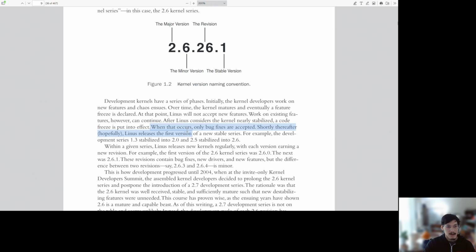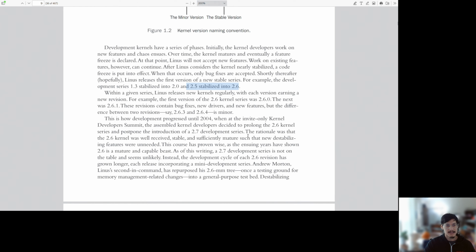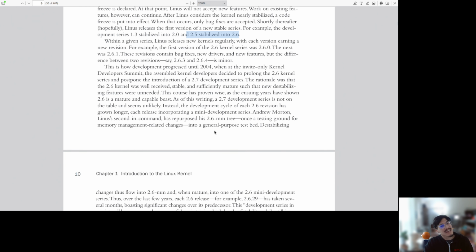When that occurs, only bug fixes are accepted. Shortly thereafter, and hopefully, Linux releases the first version of a new stable series. For example, the development series 1.3 stabilized into 2.0 and 2.5 stabilized into 2.6. Again, I don't think that's the case nowadays.